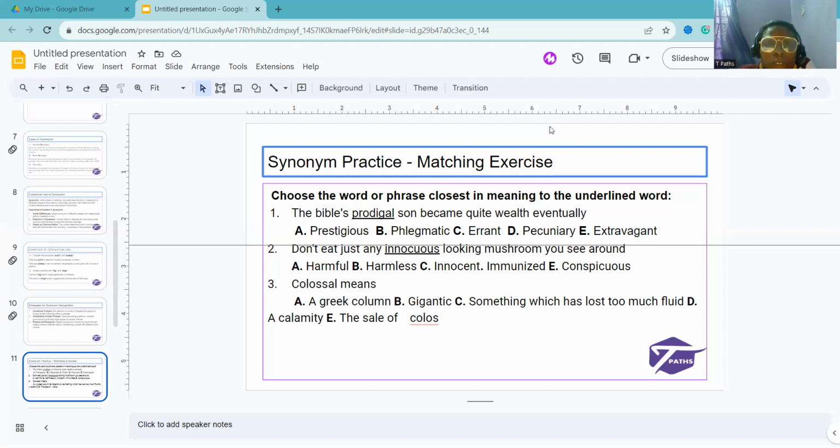Wow, this is beautiful. C. Yeah, something which has lost too much fluid. Oh, oh.